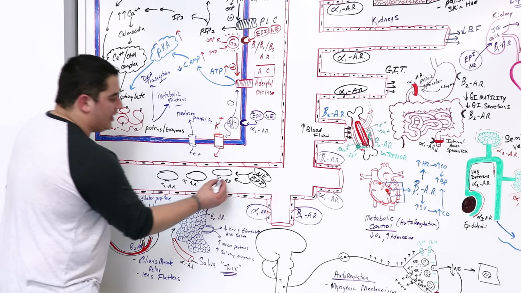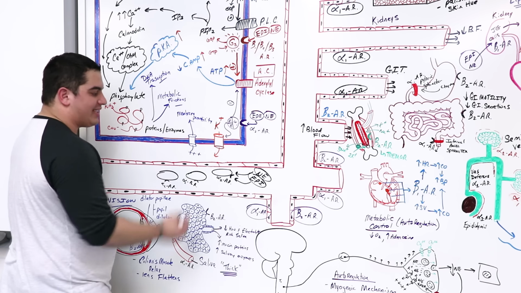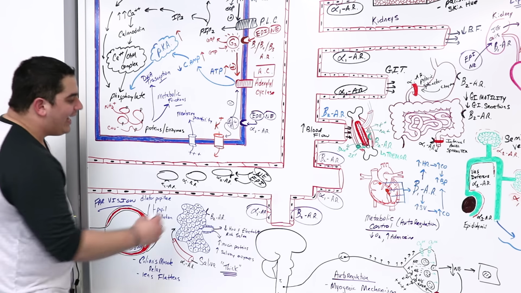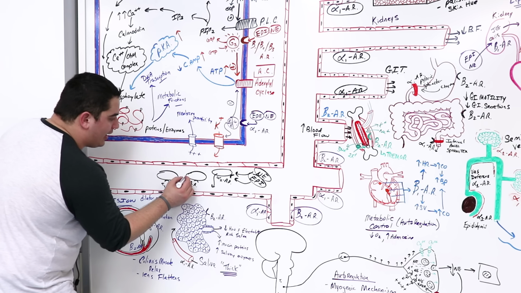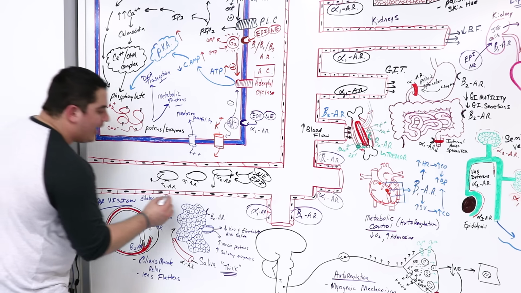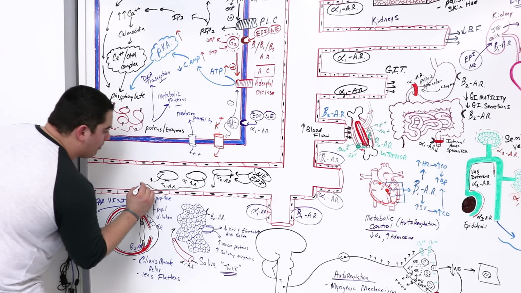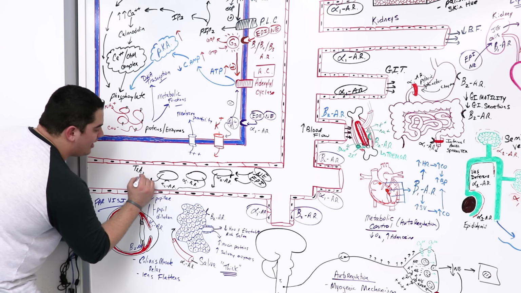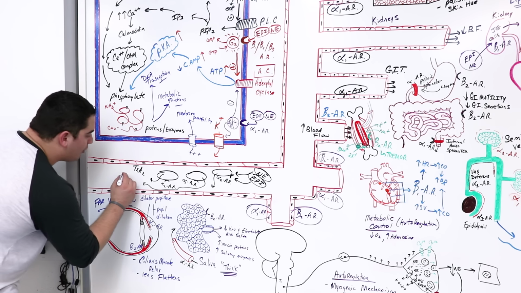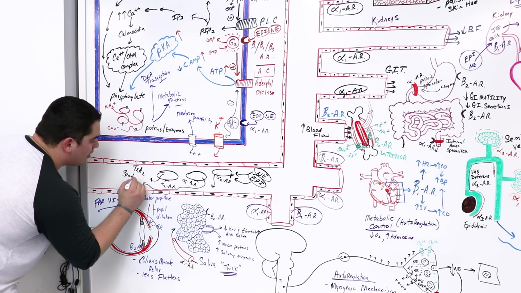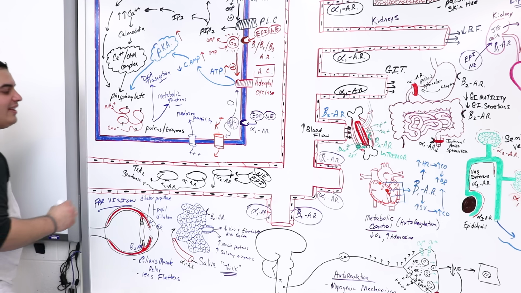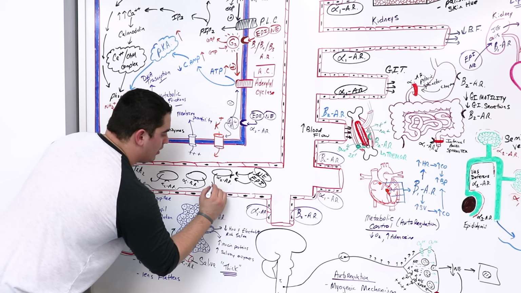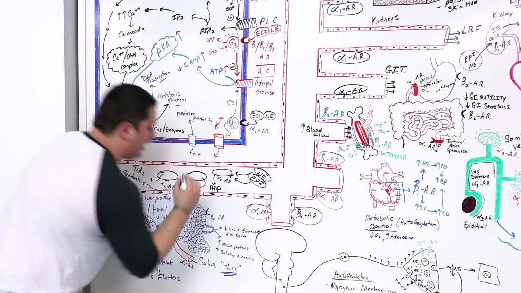If it acts on these alpha 2 adrenergic receptors on the platelets, guess what this does? It triggers these platelets to start making chemicals. And the chemicals that these platelets start making are very, very dangerous. Some of these chemicals are like thromboxane A2. Another one is called serotonin. And then the worst one is ADP.